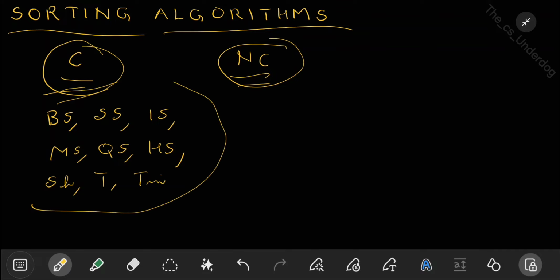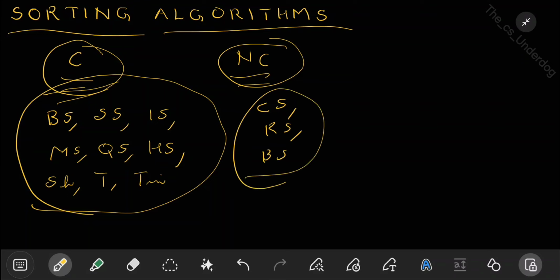We'll go through all these sorting algorithms separately in different lectures and we'll clarify what exactly is happening in each of those sorting algorithms. And in non-comparison, you have algorithms like counting sort, then you have radix sort, you have bucket sort. So these are all non-comparison based sorting algorithms.